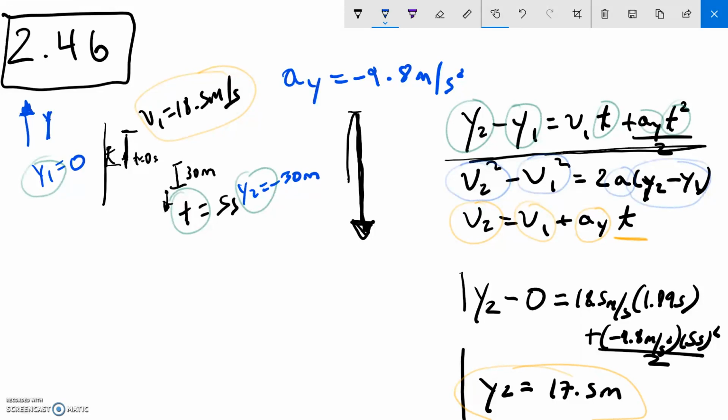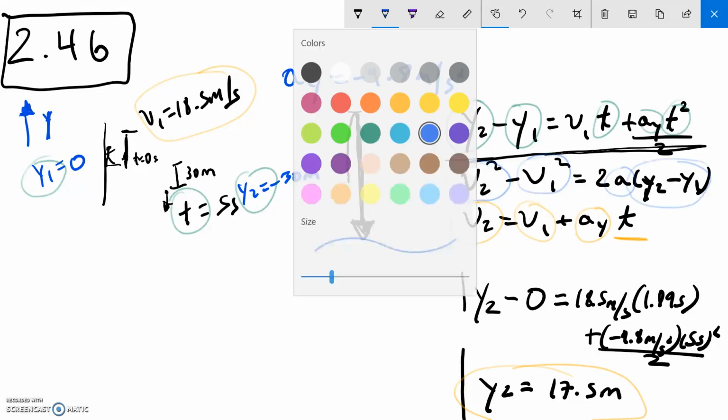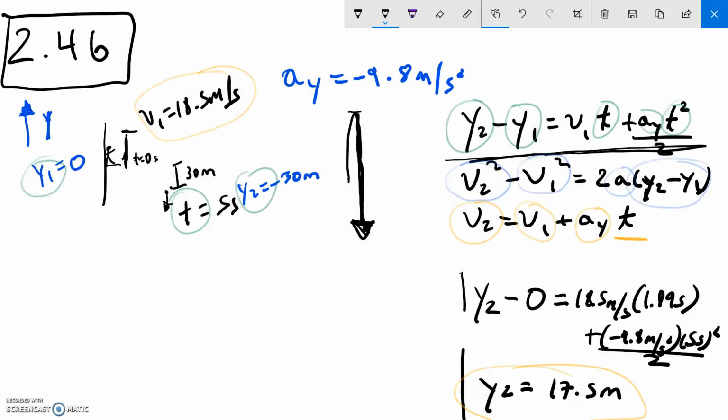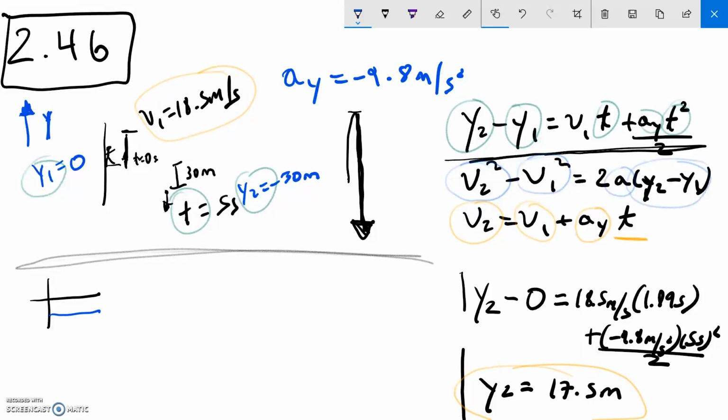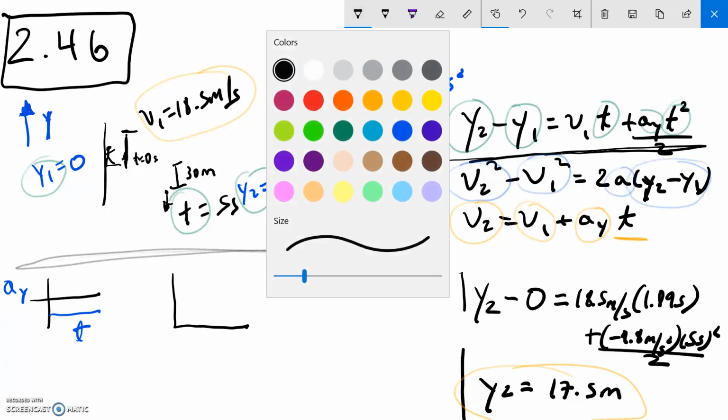And next, I want you to sketch the acceleration, the velocity, and the position versus time. So you know that the acceleration is negative and constant. You know that the velocity should then be a straight line with a negative slope.